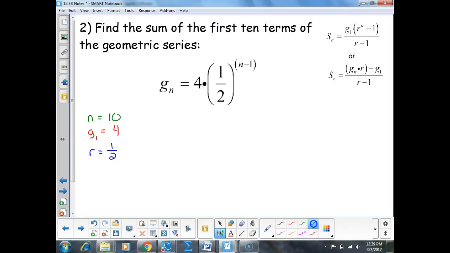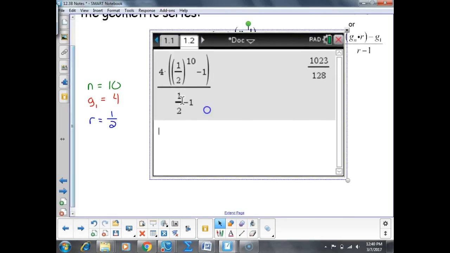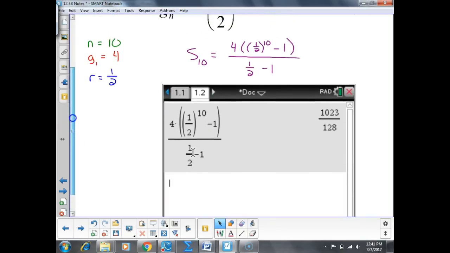So the sum here of the first 10 terms is going to be 4 times 1/2 to the 10th power minus 1, all over 1/2 minus 1. Where did I get what?